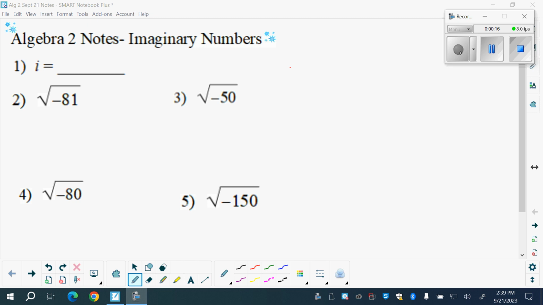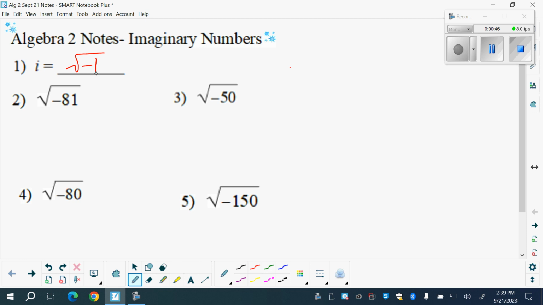There is something new today. We're talking about imaginary numbers, and i is equal to the square root of -1. So imaginary numbers are numbers that were created by humans, and they allow us to do all sorts of cool things in electronics.